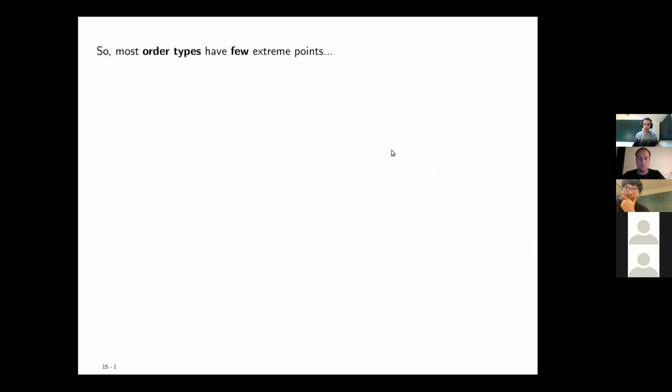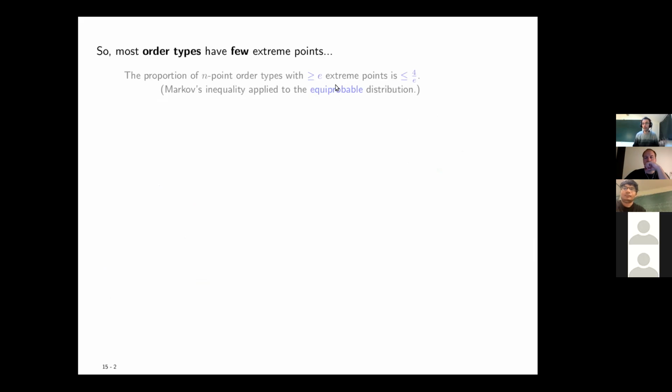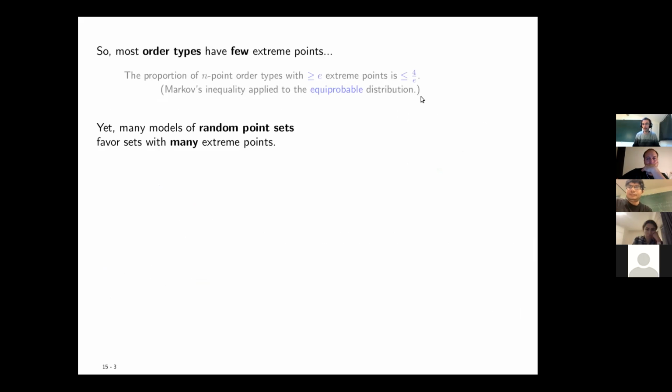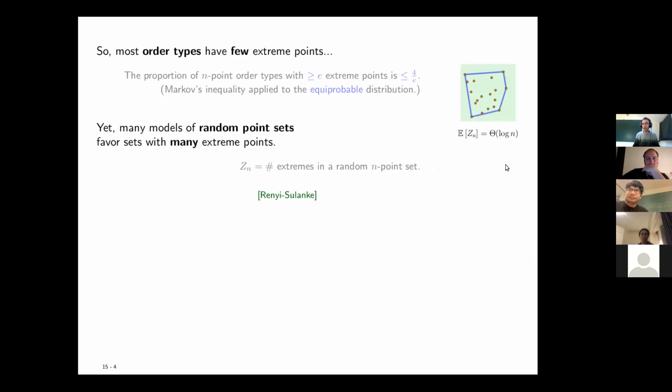Most of the types have few extreme points, just because you can apply Markov's inequality, right? The proportion of types with at least e extreme points is at most 4 over e. But let me look at the random variable that is counting the number of extreme points in various geometric distributions. If my points are in a square, the expectation of the number is of order log n.